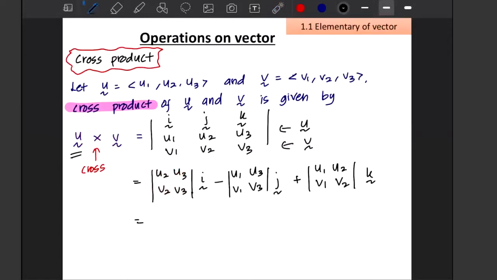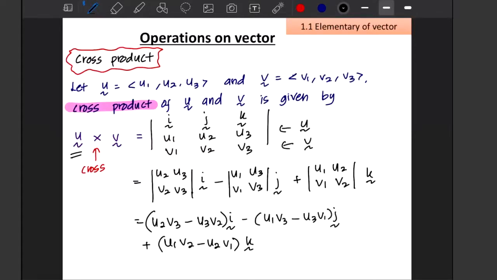So you have U2 multiply with V3 minus U3 V2, component for I. And then minus U1 V3 minus U3 V1, J, plus U1 V2 minus U2 V1.